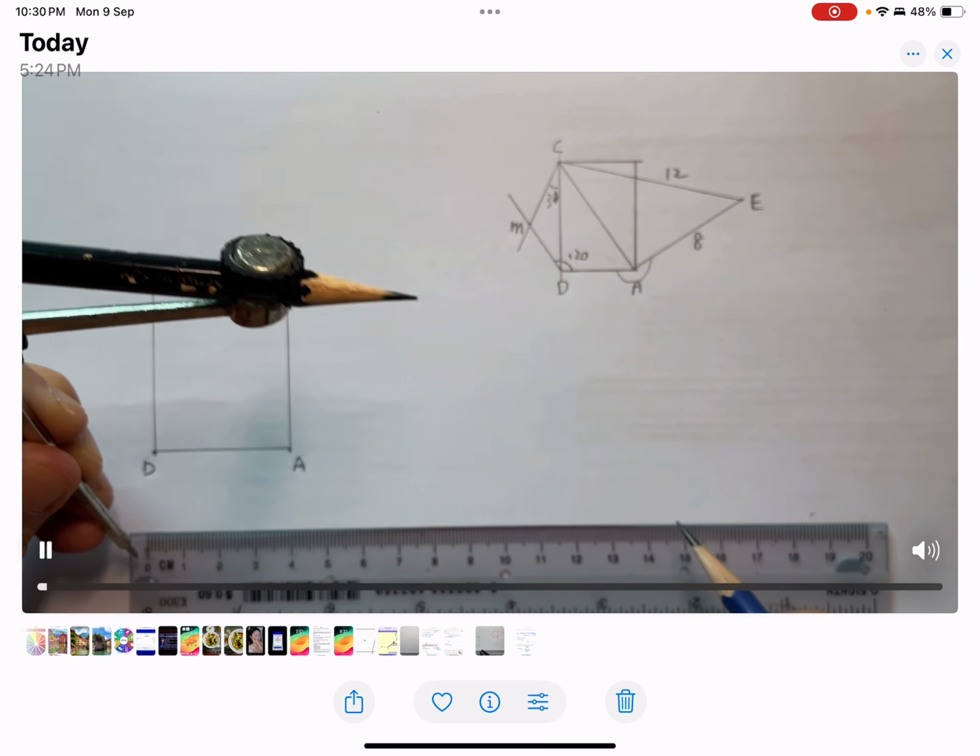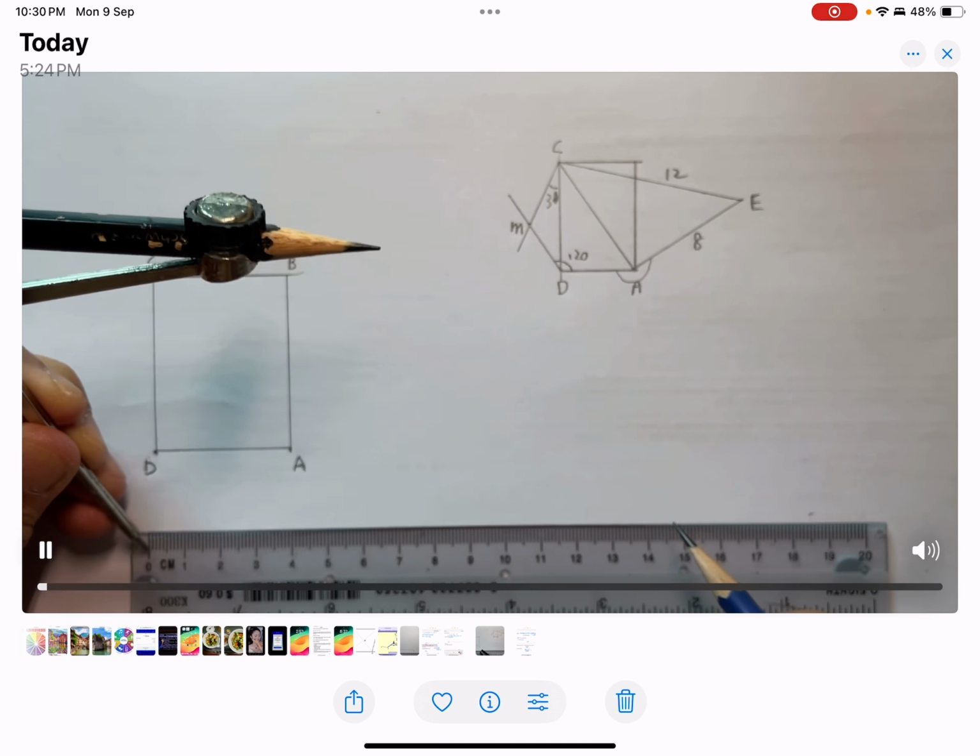So we take the measurement from the ruler for 12 cm and transfer it to the point C to draw an arc of 12 cm.